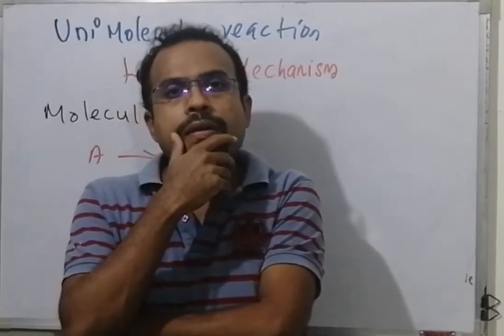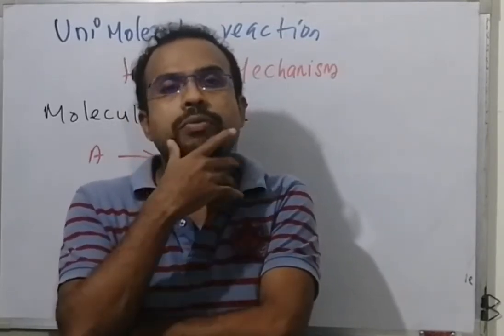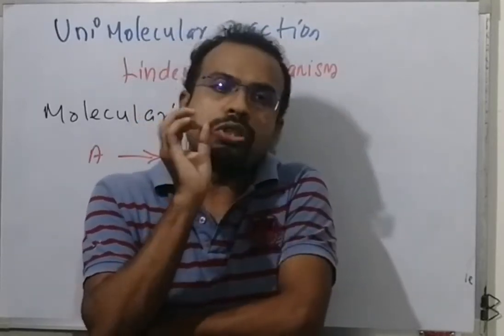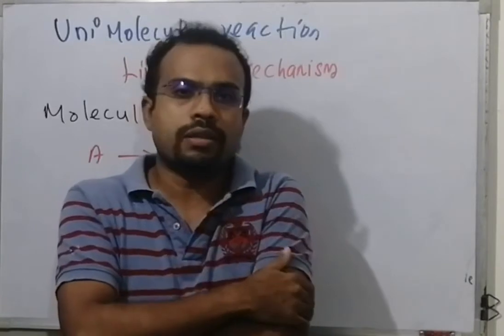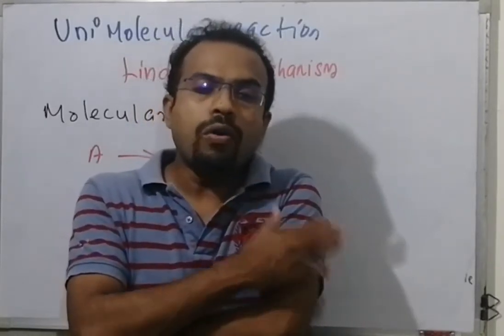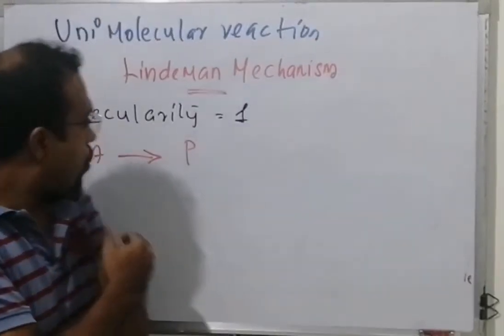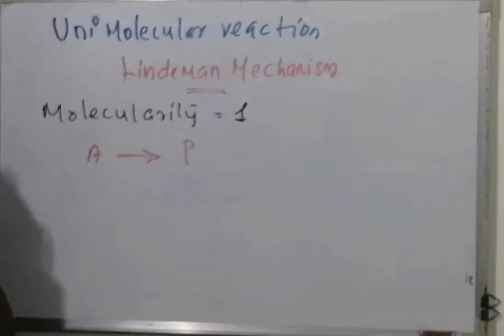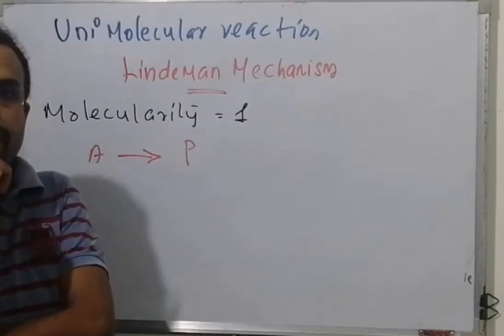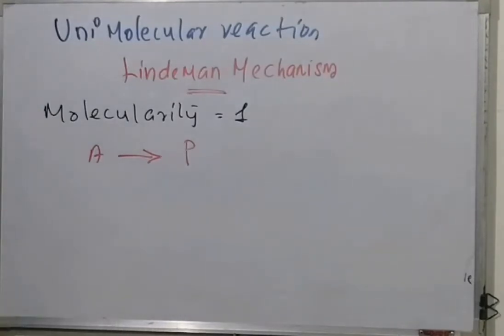Similarly, a single molecule is decomposed, or converted to another product. The most famous example is isomerization. How does this happen? What is the mechanism of this reaction? This was a dilemma. Lindemann explained this.